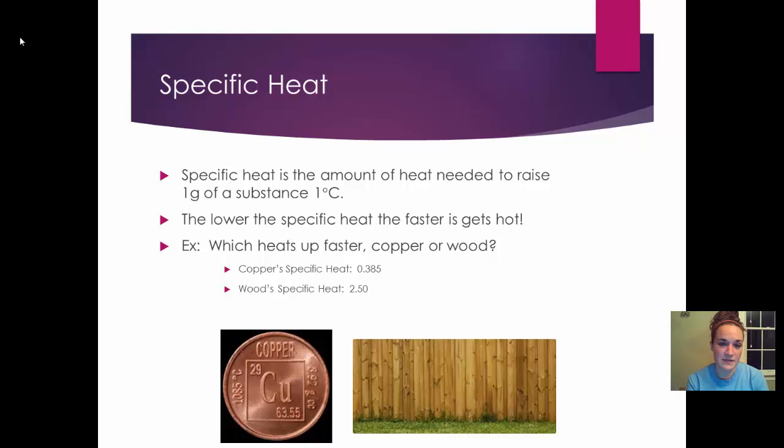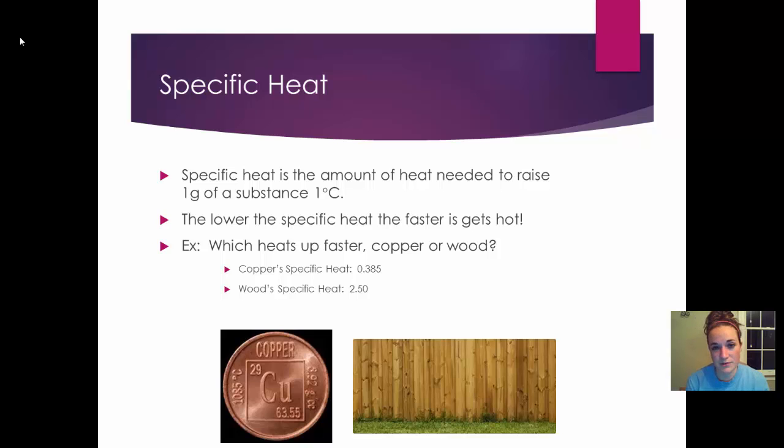The lower the specific heat, the faster something gets hot. So if we're looking at an example, copper and wood, we have copper specific heat at 0.385. So that's fairly low. Wood specific heat is 2.50.